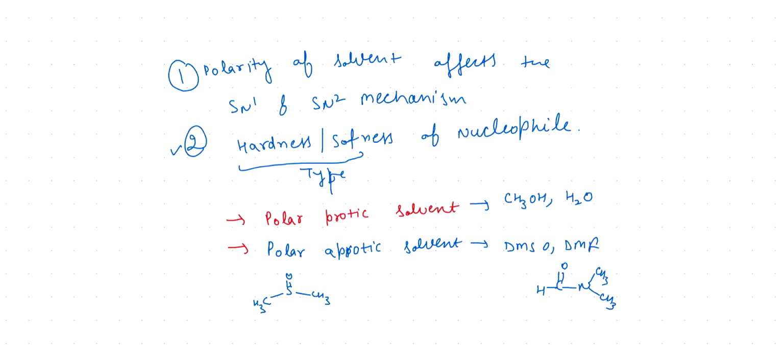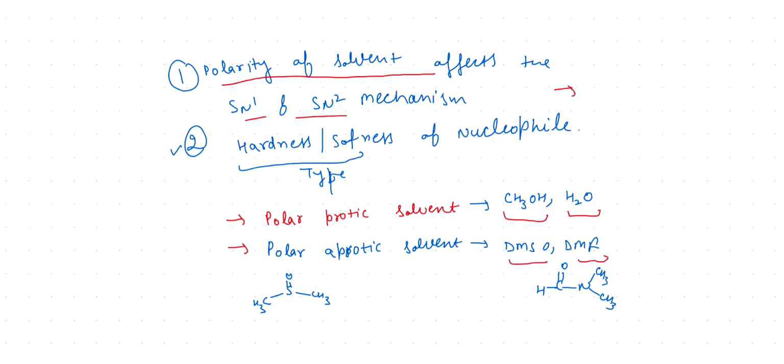So next, there are some other factors which affect the SN1 and SN2 mechanism. Another one is the polarity of the solvent. What kind of solvent we are using in a particular reaction: methanol, water, DMSO, DMF. So what is the difference between these solvents?